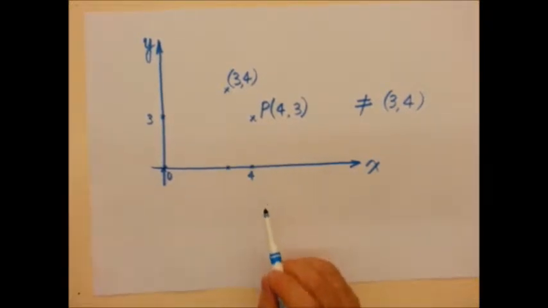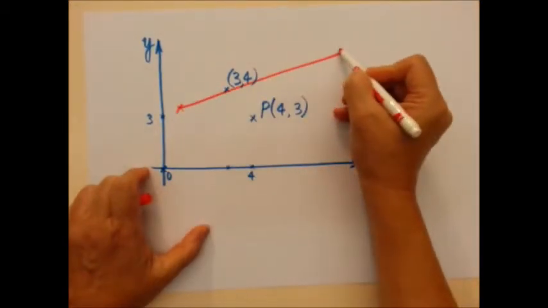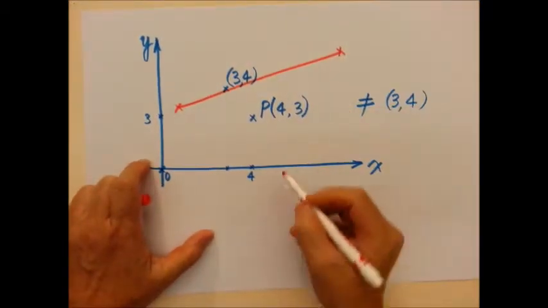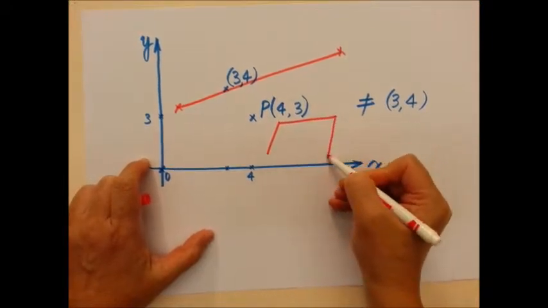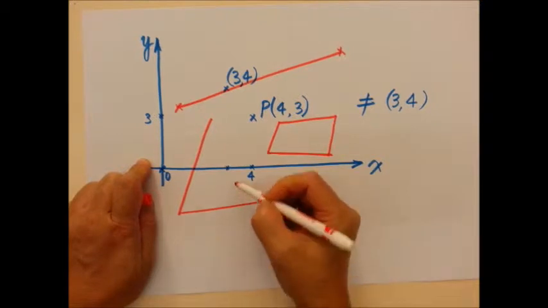You can also put the straight line onto the XY plane. For example, here. And we can also have the figures like this, or triangle like this.